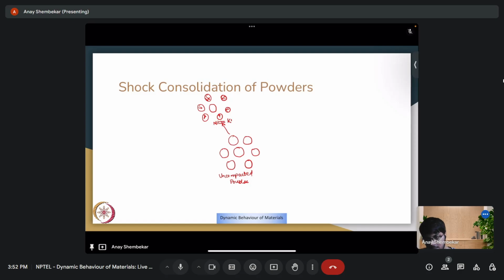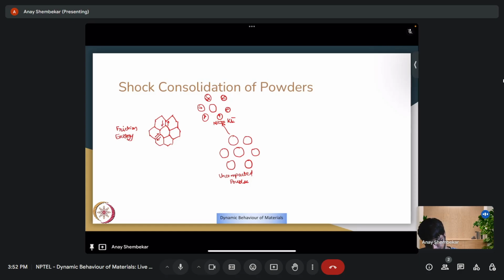Then you could have friction coming up. Now approximating the particles as hexagons, as they come together, they have their own relative velocities, start rubbing with each other, creating friction forces. We have got friction energy.